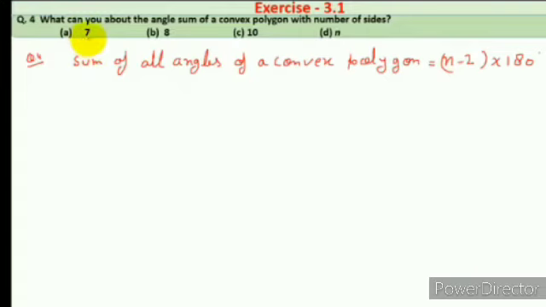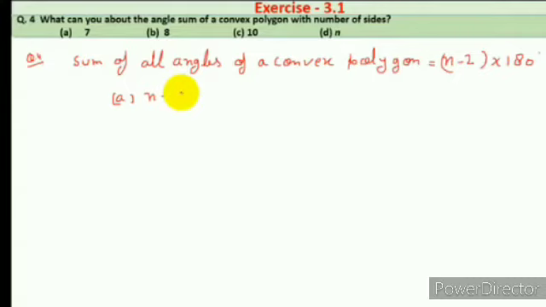We know that the sum of angles of a triangle is 180 degrees. The sum of angles of a quadrilateral is 360 degrees. What about a 5-sided polygon, 6-sided polygon and 10-sided polygon? To find their sum of angles, we should use this formula.